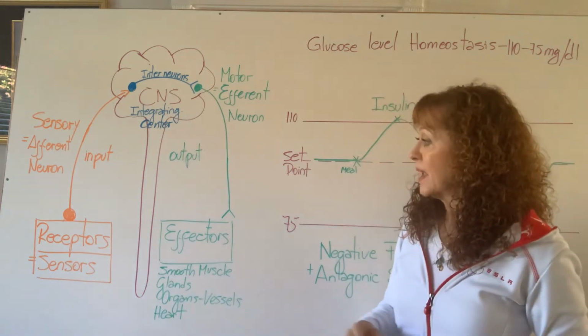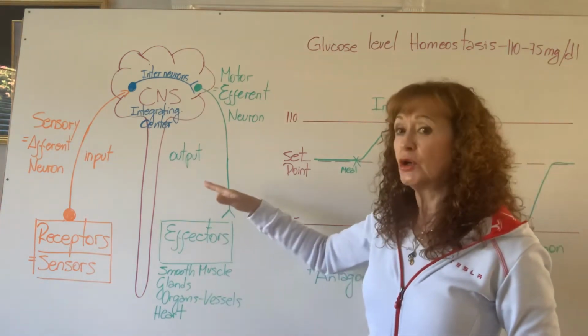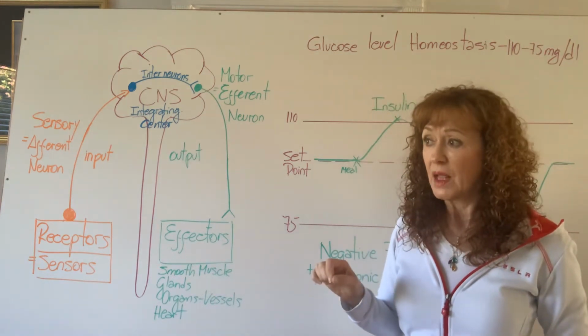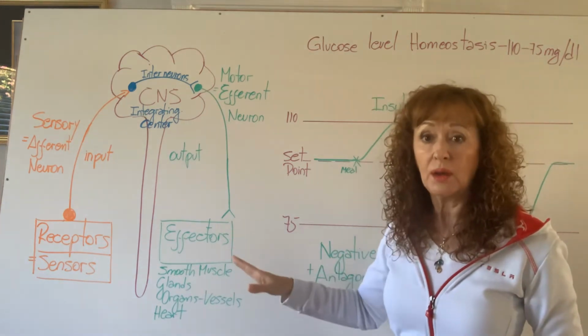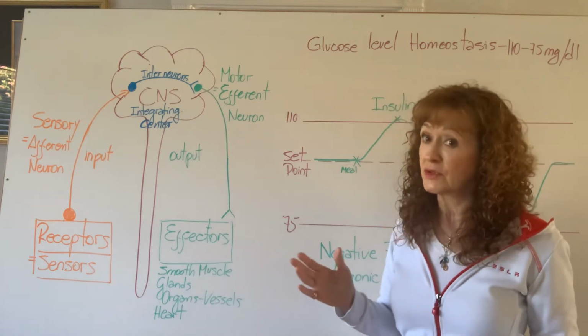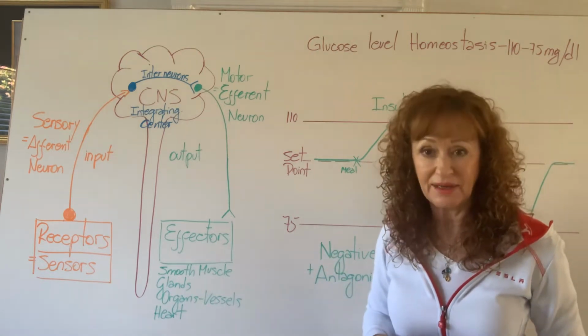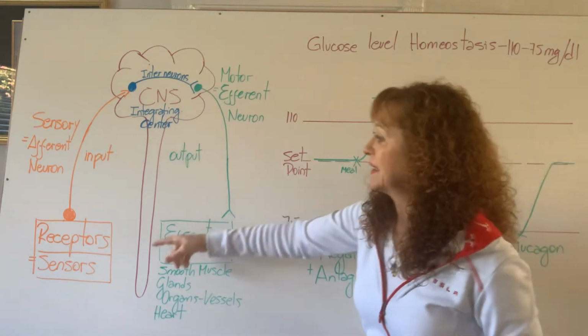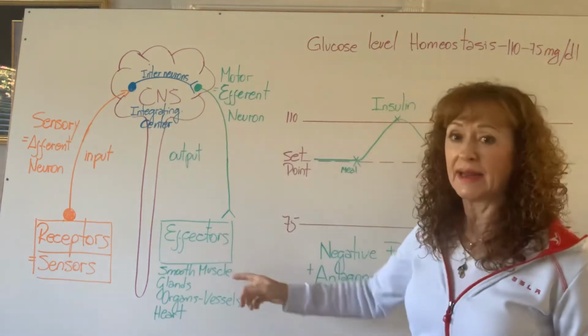Certainly, in order to fix that deviation of this value, sometimes they use only one effector, and most of the time they use several effectors. It's not black and white. But certainly this one is the loop for negative feedback.